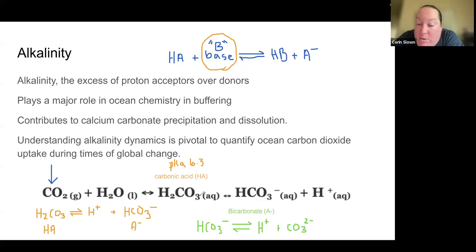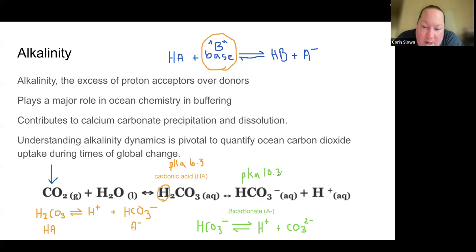In fact, it's going to deprotonate, it will give up one of its hydrogens, and form this HCO3 minus. Now, the deprotonation of HCO3 minus to form carbonate has a pKa of 10.3.